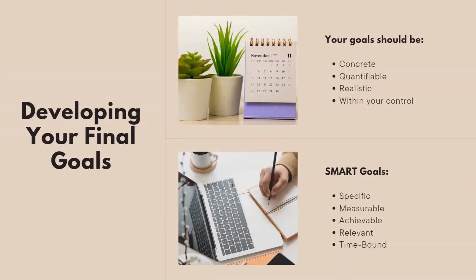The example we're going to look at in a moment is, if you're applying for a job, obviously you want to be employed when you graduate from Georgetown. But knowing that that is not within your control, you want to figure out what concrete actions that you can measure and that are realistic you will have taken throughout the semester, and where you will be in terms of concrete steps by the end of May.